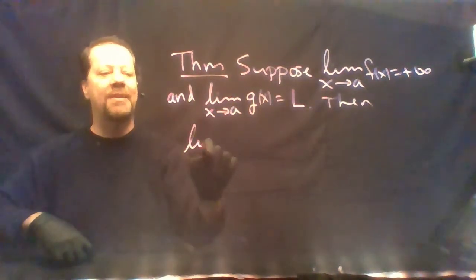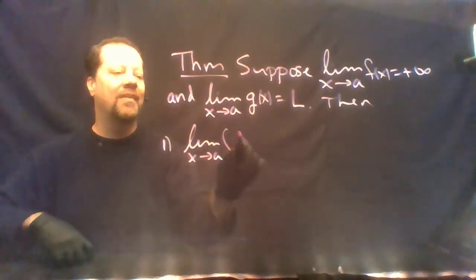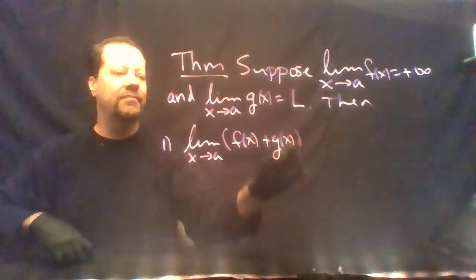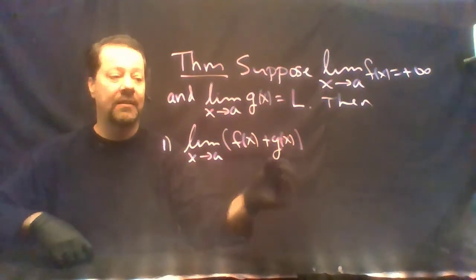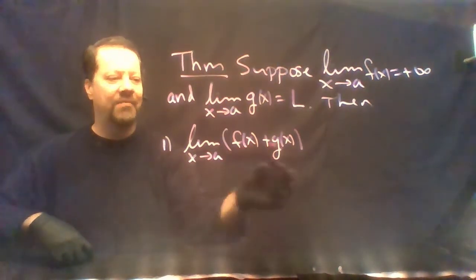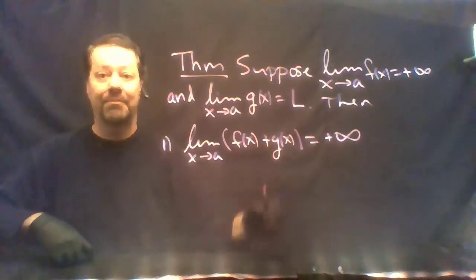Then what happens in the limit as x goes to a of f of x plus g of x? Well, g is going to L, but f is going to infinity. Infinity plus L, well, that's just plus infinity.